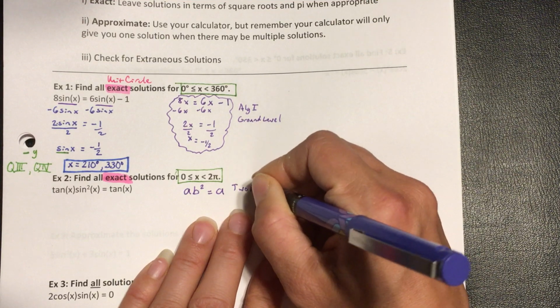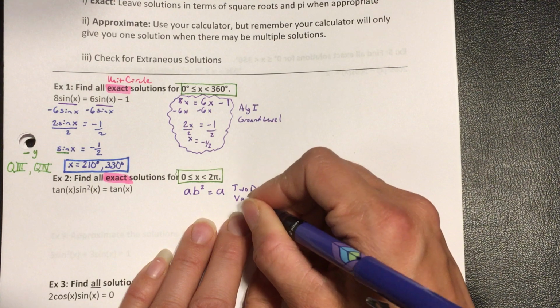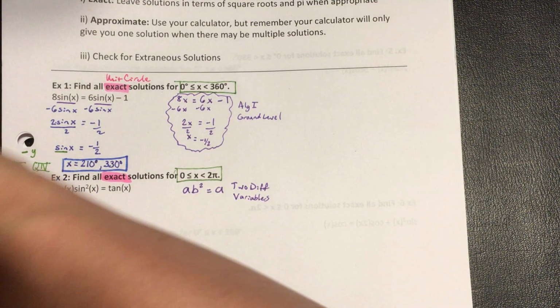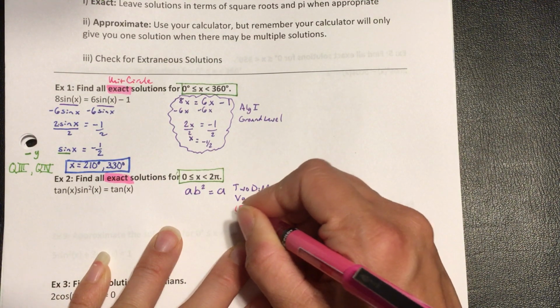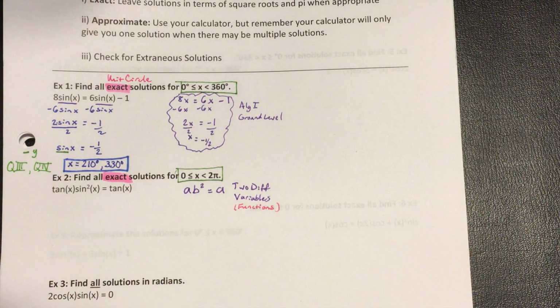And folks, having two different variables, or in our case, two different trig functions, that leads to a different way of solving.